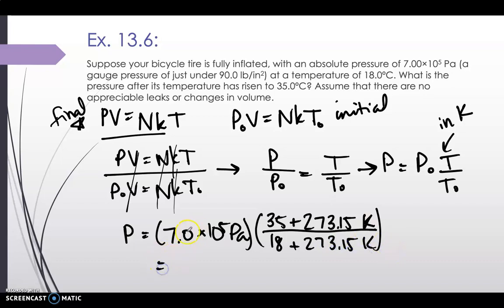Once you plug into your calculator, you'll get a pressure of 7.41 times 10 to the 5th pascals. So this is your final pressure of the bicycle tire.